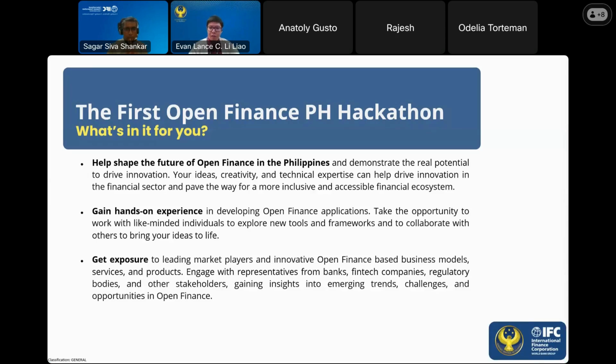Moreover, we think that this event would enable you to gain hands-on experience in developing open finance-enabled applications. And having such an experience may help you upskill yourself as a participant and also better prepare you and your company to adopt and develop for such a system within your company roadmap.